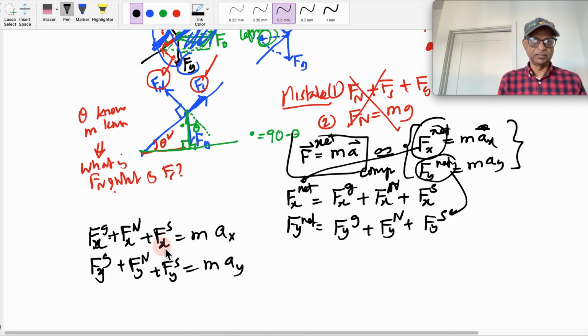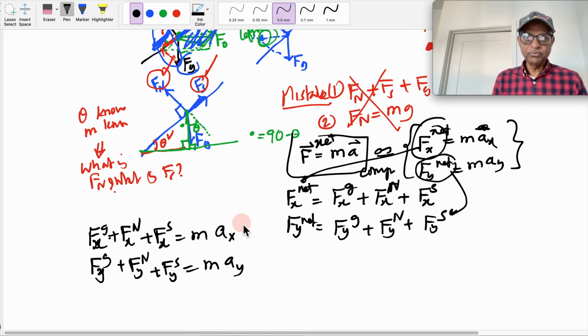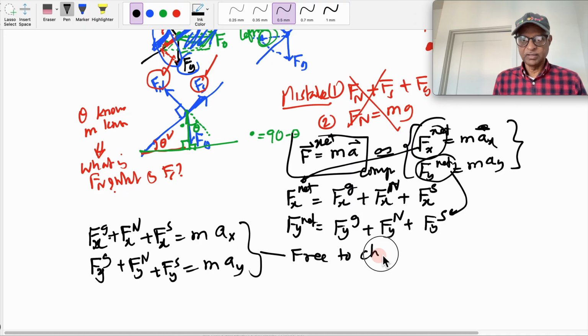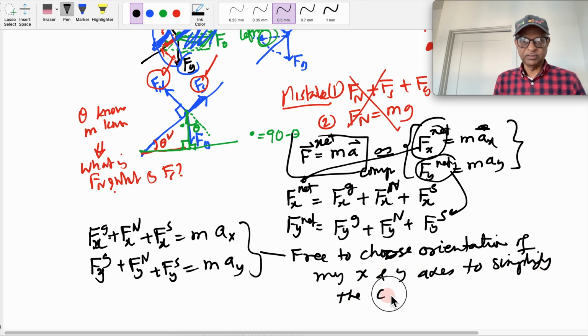But it doesn't tell you what the x and y axes will be. So I am free to choose the orientation of my x and y axes to simplify the calculation. Completely free to choose.